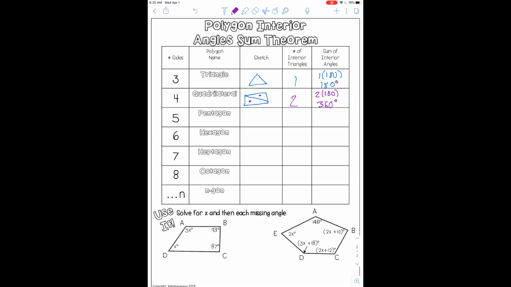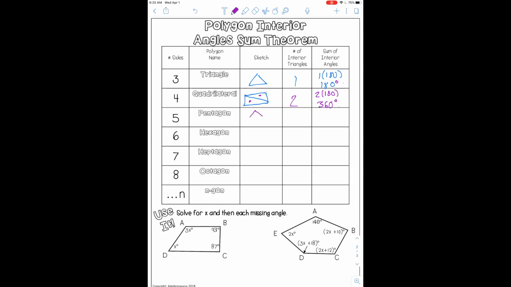So a triangle's angles add up to 180. The quadrilateral adds up to 360, which we know because most of our quadrilaterals have 90-degree angles in each corner. So 90 times 4 would be 360.